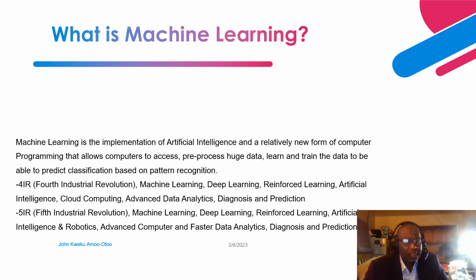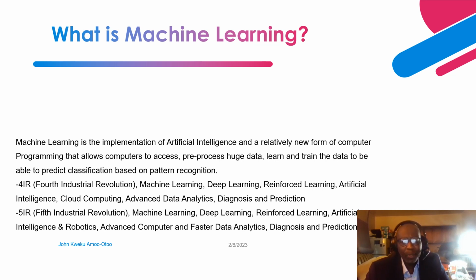Next slide is what machine learning is, and that is the buzzword that has been going around for the past 2 years, right after COVID. Matter of fact, during the unprecedented COVID time, that is when machine learning started skyrocketing. Okay, so this is the definition.